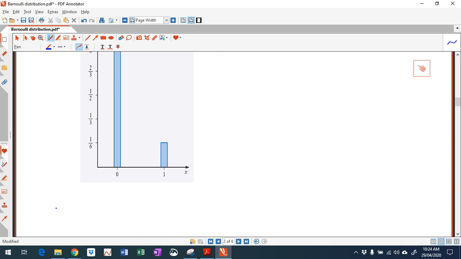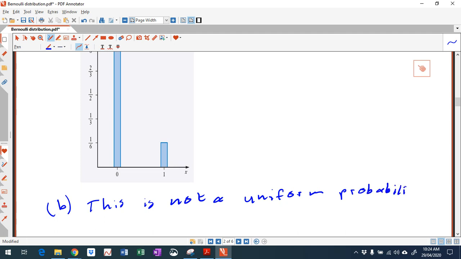Part B says, okay, is this a uniform probability distribution? And the answer is no. And the reason is, this is not a uniform probability distribution.